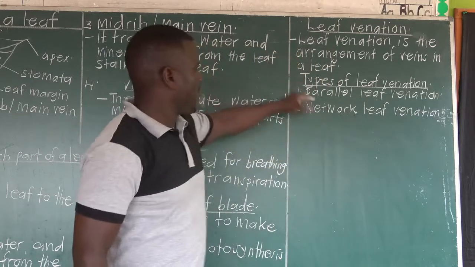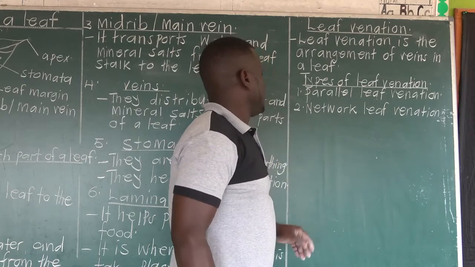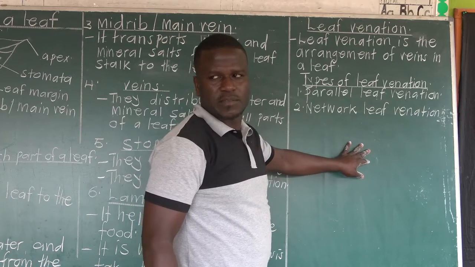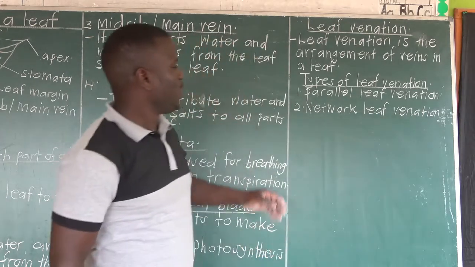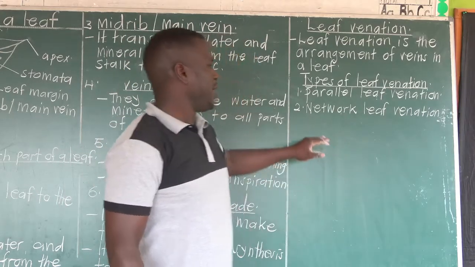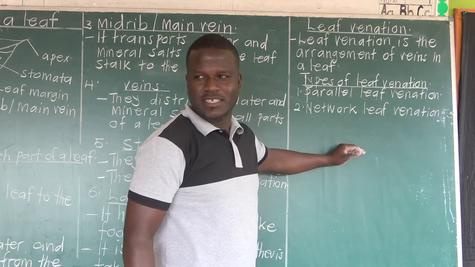Now, with parallel leaf venation, the word parallel, in mathematics you learn about parallel lines. Parallel lines are lines that do not meet.